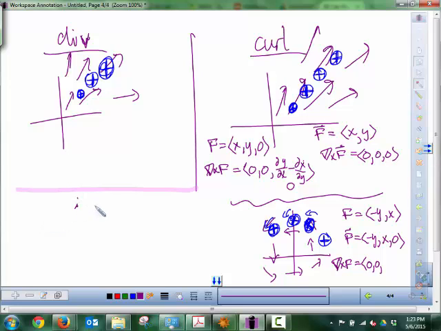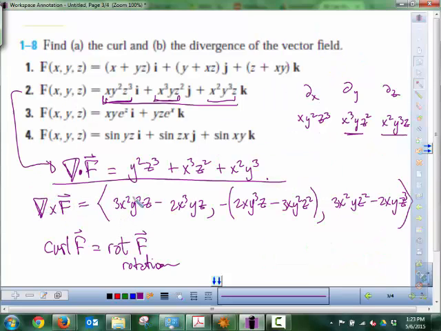So it's i, j, k, partial x, partial y, partial z, and then we have a minus y, a positive x, and a 0.